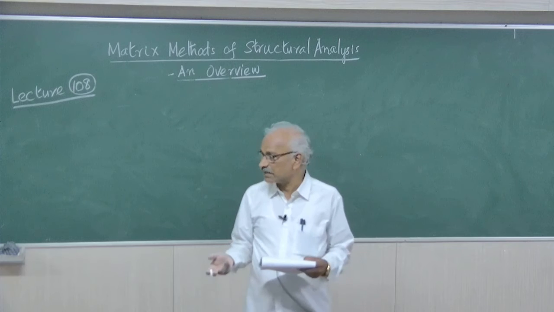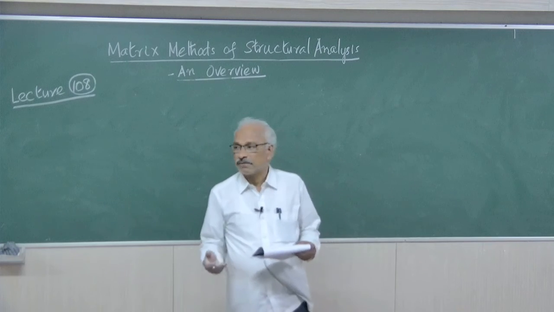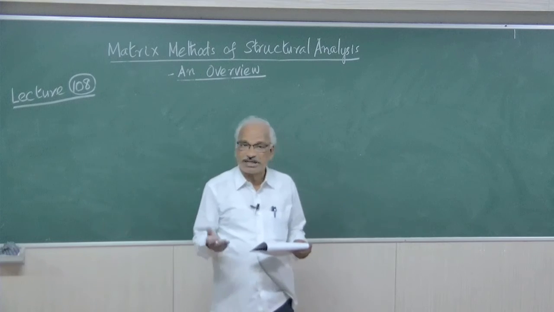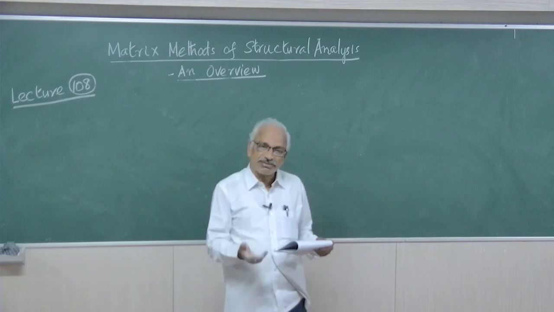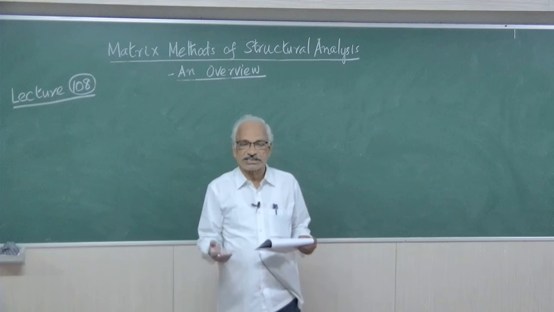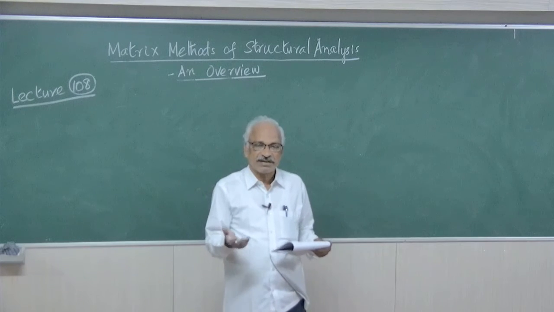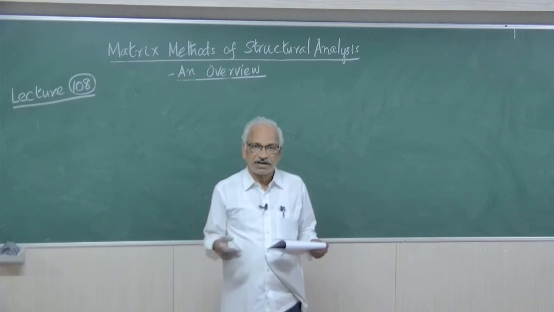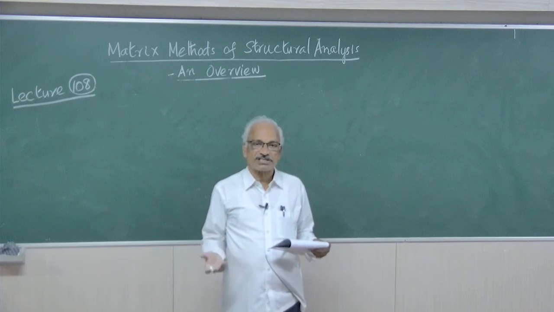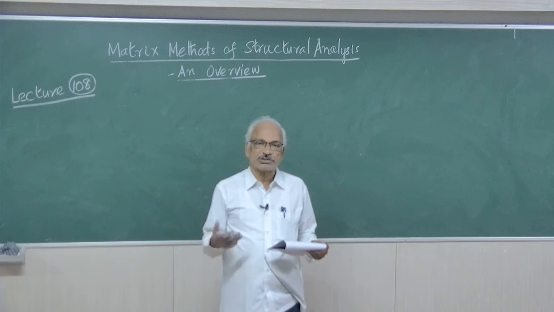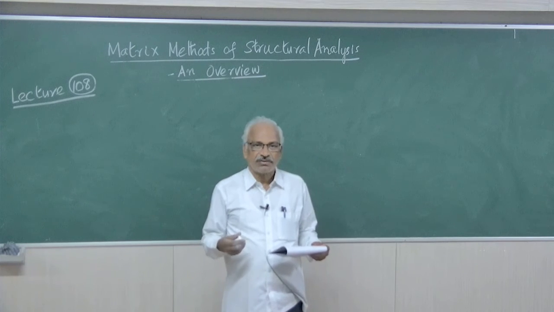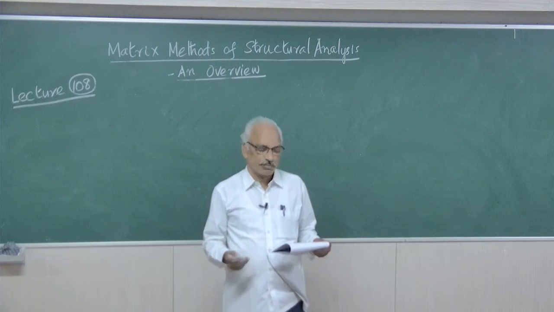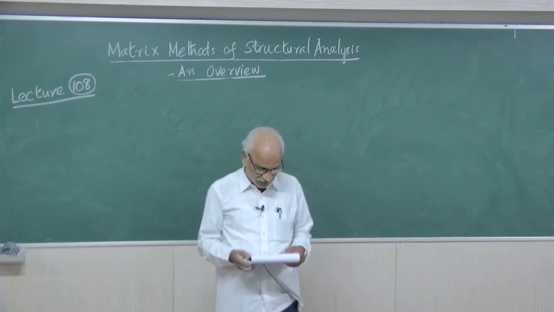In the matrix stiffness method, we find the displacements. They are the primary unknowns. From the displacements, you find the forces. For getting the forces, we make use of the slope deflection equation, because the unknowns are slopes and deflections. Once we get the slope and the deflection, the forces can be obtained by substituting in the slope deflection equation.